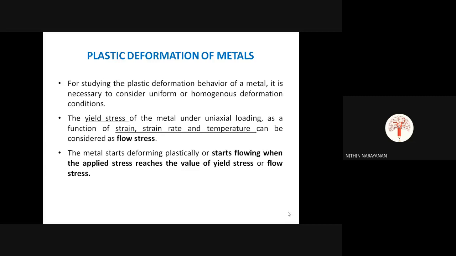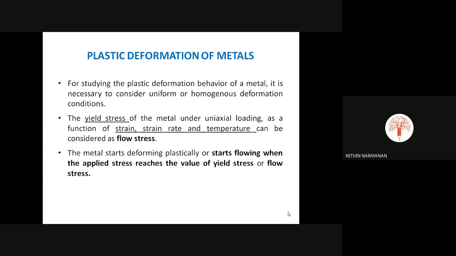There are two limits to which it can change its dimensions: an elastic limit and a plastic limit. Within the elastic limit, the material will change its shape and strain will be produced, but once you remove the load, it returns to its original shape. Once it crosses the elastic limit, it comes into the plastic zone.